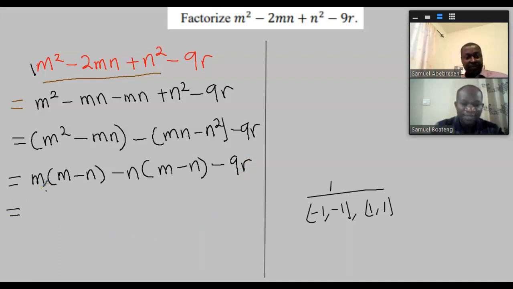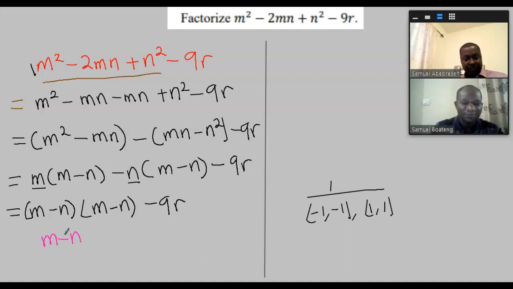So you have m minus n in bracket times another m minus n, minus 9r. And you don't end here. You are not there yet. So m minus n times m minus n, we can write as m minus n all squared.